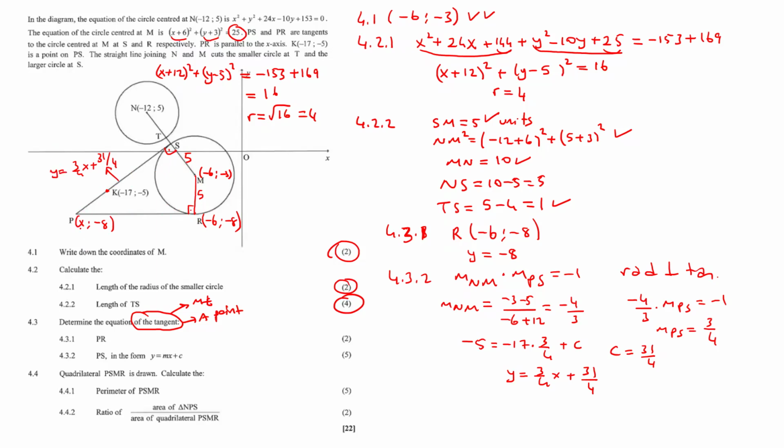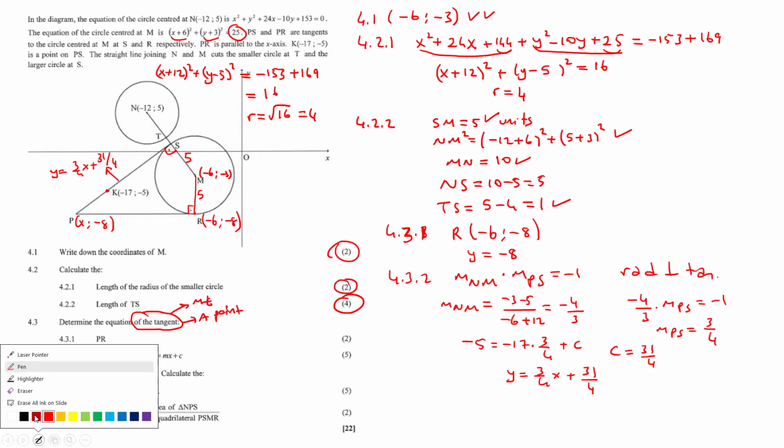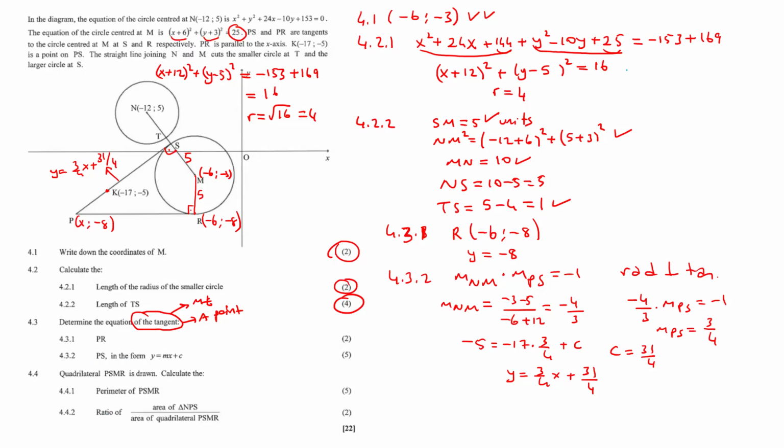Y is equal to, I can figure out coordinates of P by substituting the coordinates of P into the equation. Let me change the color so that I can see. So if I substitute here negative 8 for y in that equation, 3 over 4x plus 31 over 4, negative 32 minus 31 is negative 63.